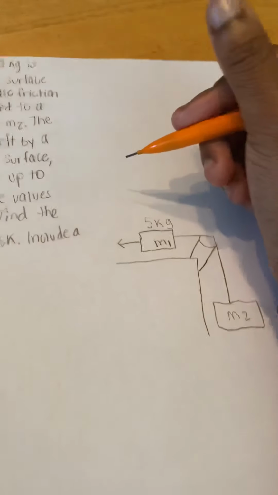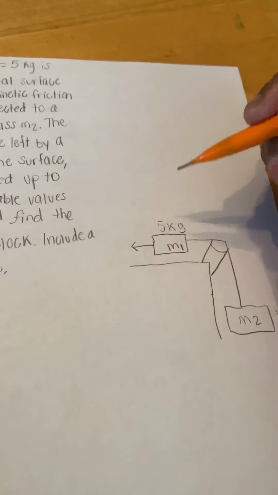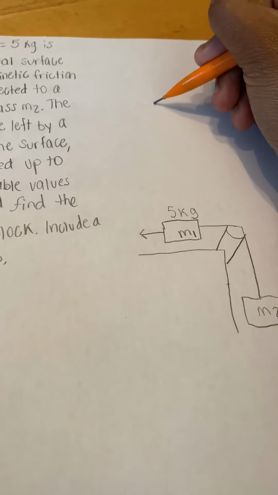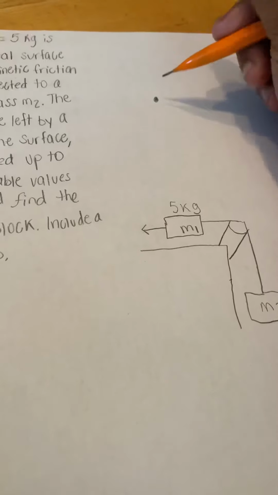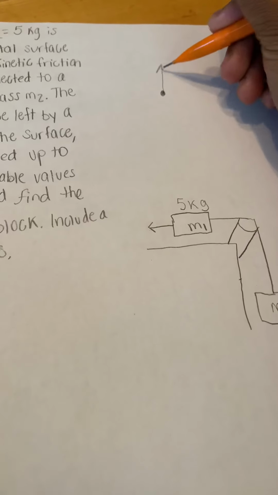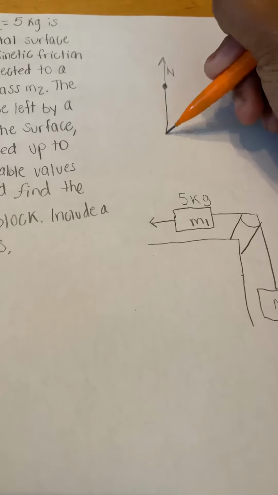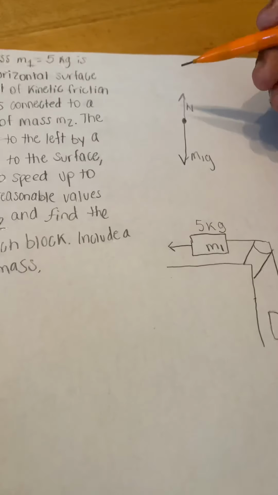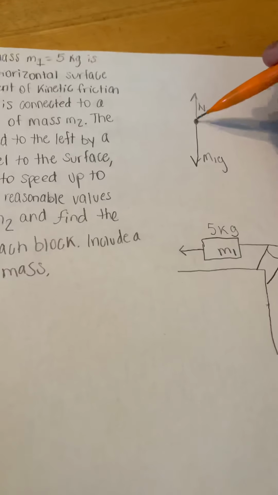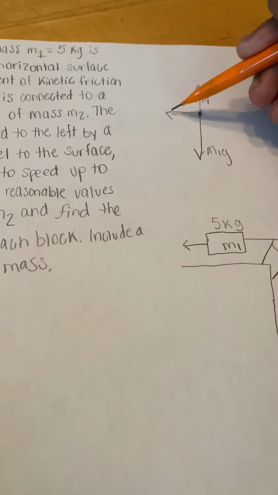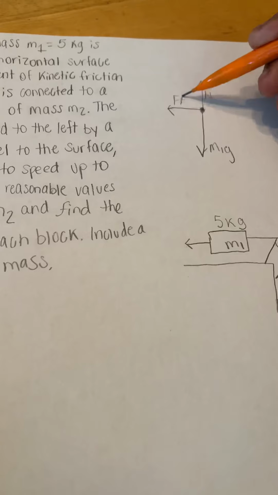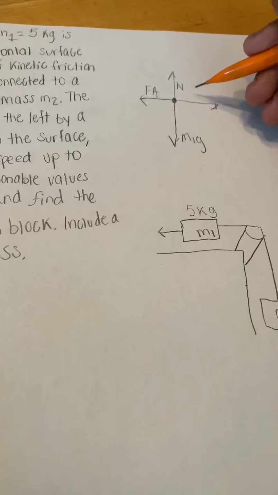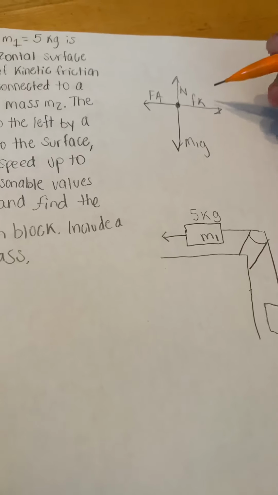So first, for your free body diagram for M1, you're going to draw your center, and since the normal force is going up, the weight is going down, so it'll be M1G. And since it's being pulled to the left, the applied force is going to the left, so that'll be FA. And since the friction is opposing it, this will be FK.